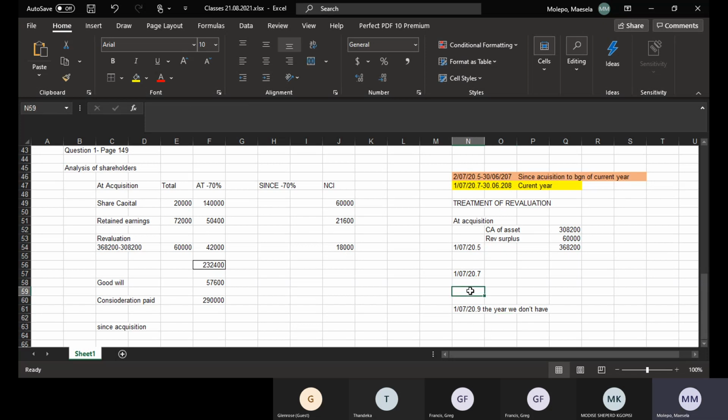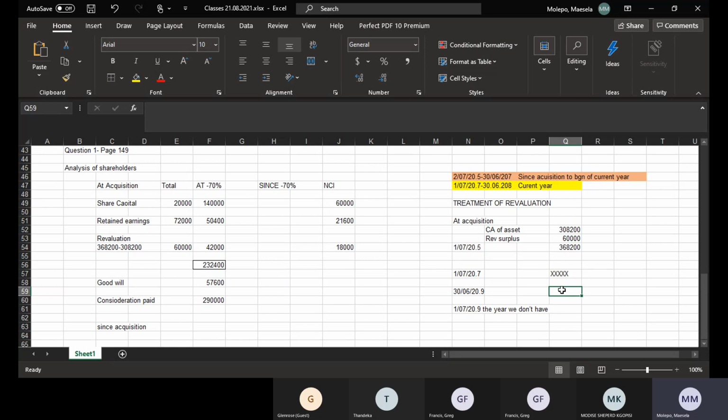So it means since our financial year is up to 30 June 2009, whatever value that is sitting here will be the same value that is sitting here.